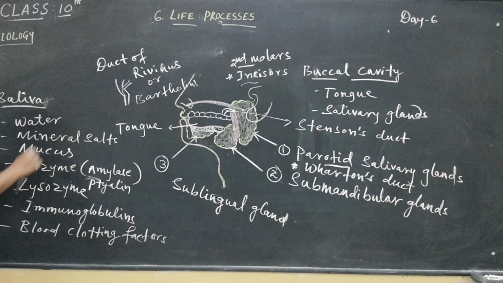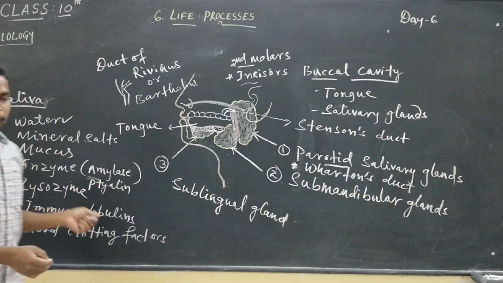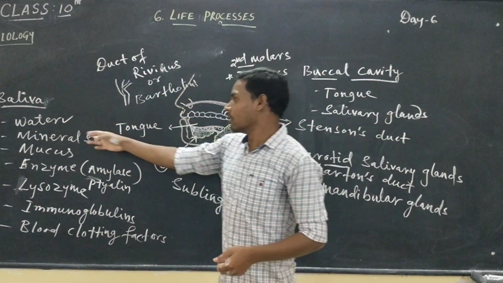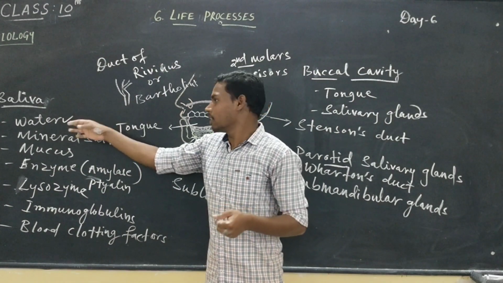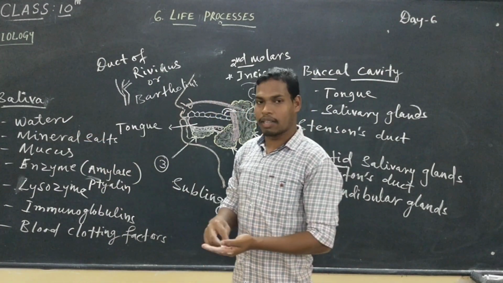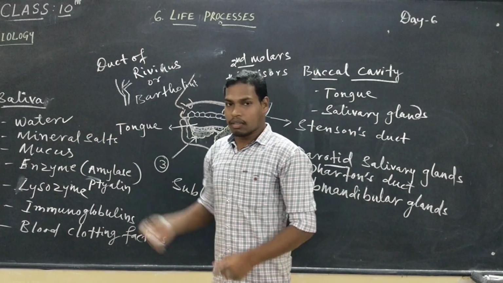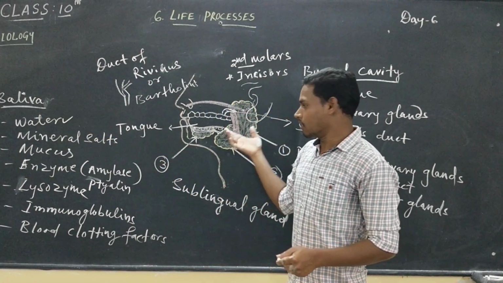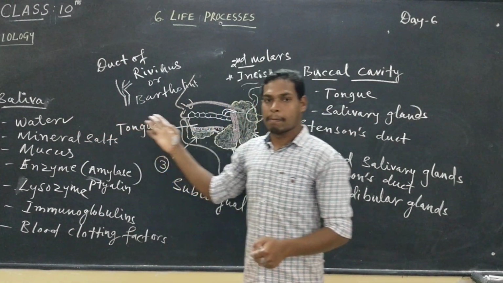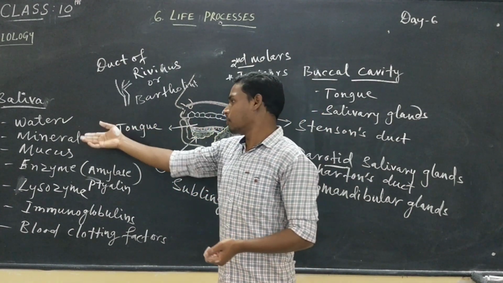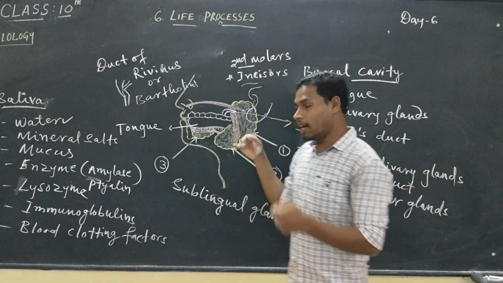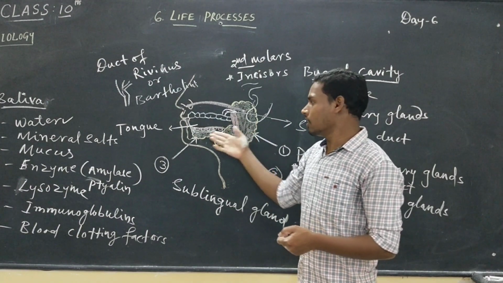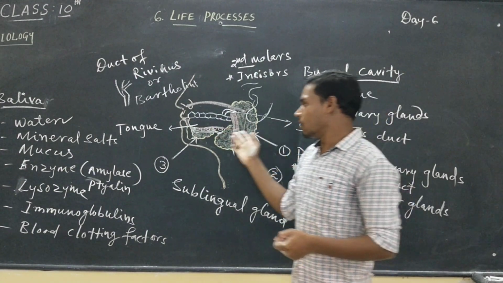Now, as soon as we smell delicious food or the food that we like to eat, our mouth starts watering, because the salivary glands release water in anticipation that food will come to the buccal cavity. They would perform their functions like breaking down the starch or lubricating the food.